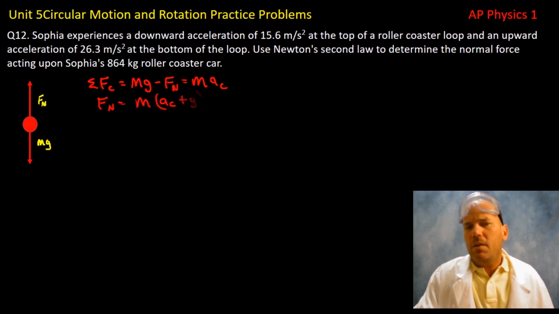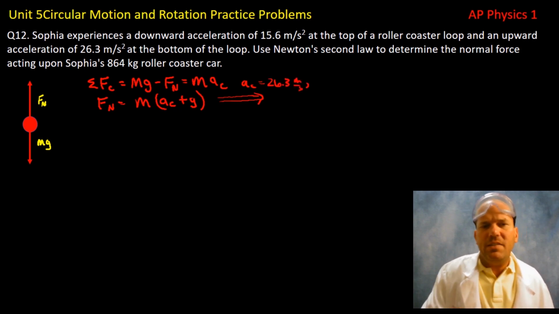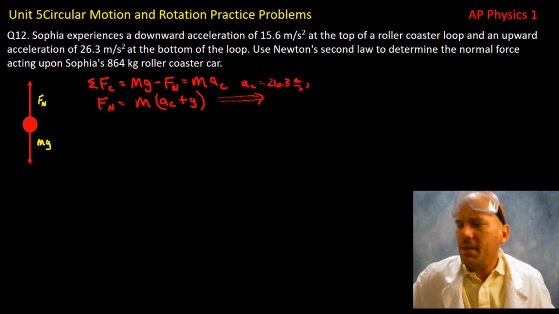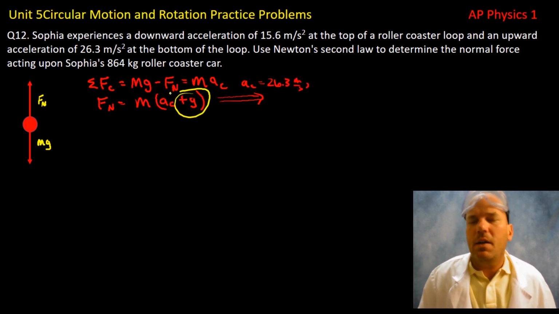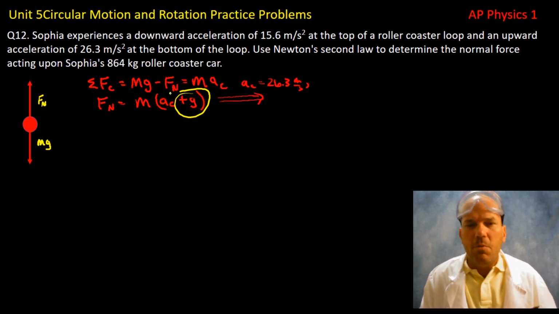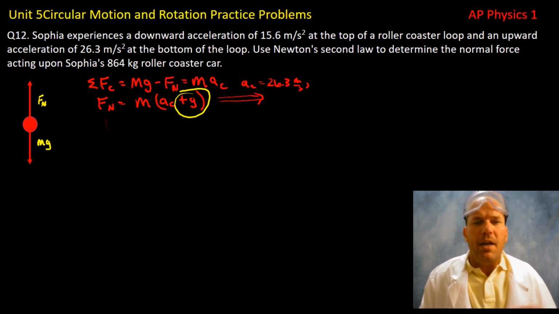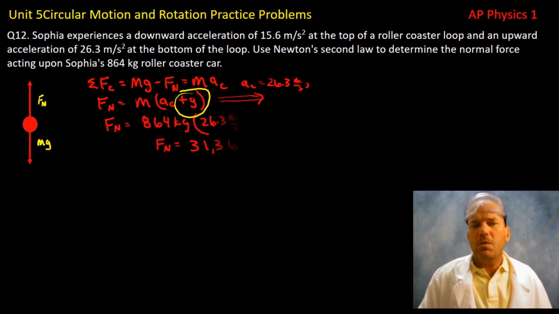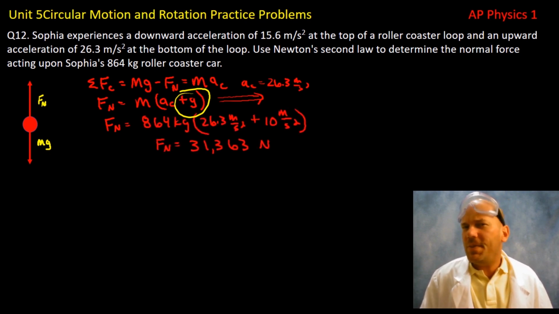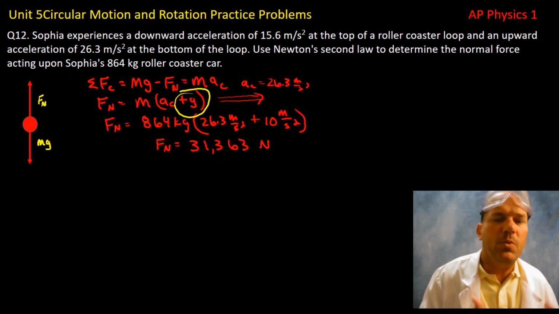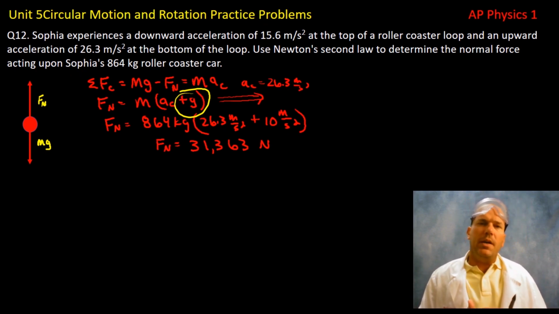So we can, again, factor out mass to show that we're adding here the acceleration due to gravity, which we are given here, and we can solve force normal being equal to 31,363 newtons, okay?